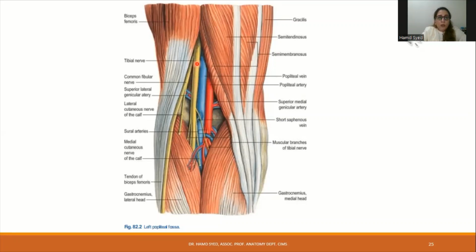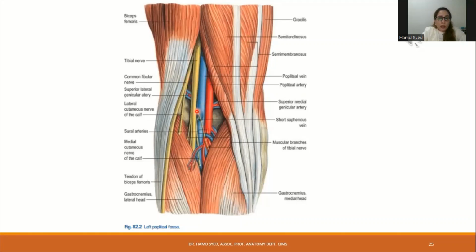Then you can see the most superficial, or the most posterior structure, is the tibial nerve. We can also see running alongside the tendon of biceps femoris the common fibular, also known as the common peroneal nerve. These two nerves, tibial and common peroneal, are the terminal branches of the sciatic nerve from the posterior aspect of the thigh.